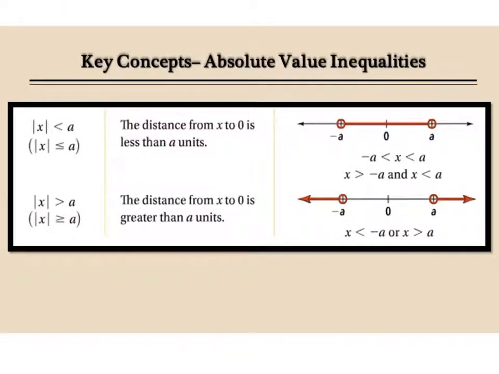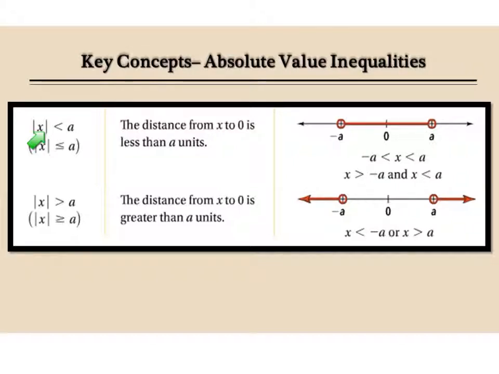All right, here is the meaning, how we set them up, and how we graph them. When we write our inequalities, write them with the absolute value on the left and the variable on the right.